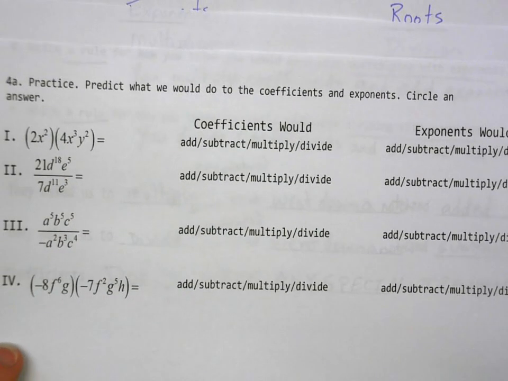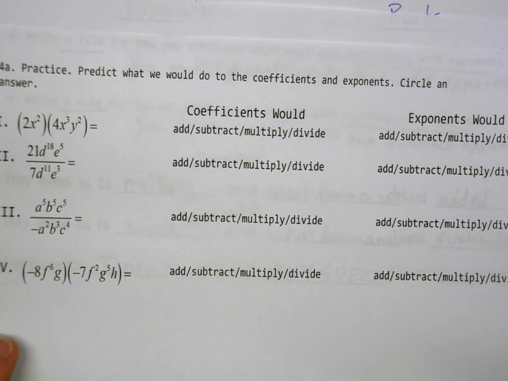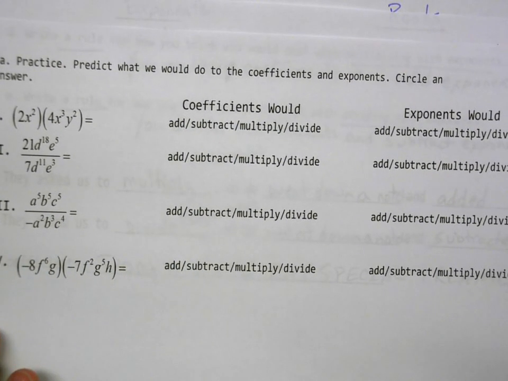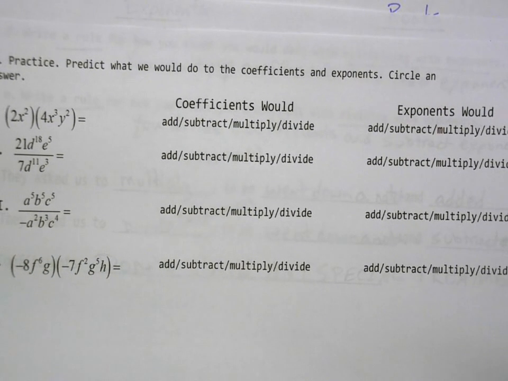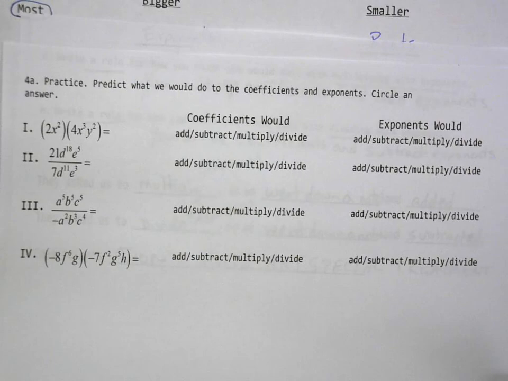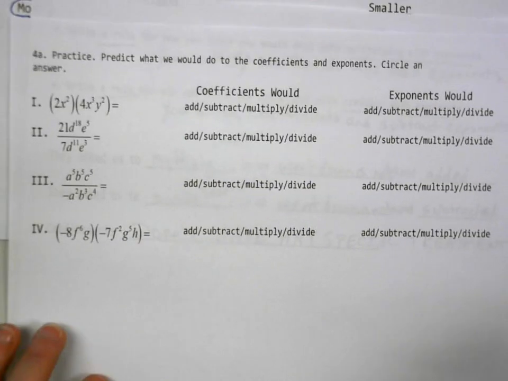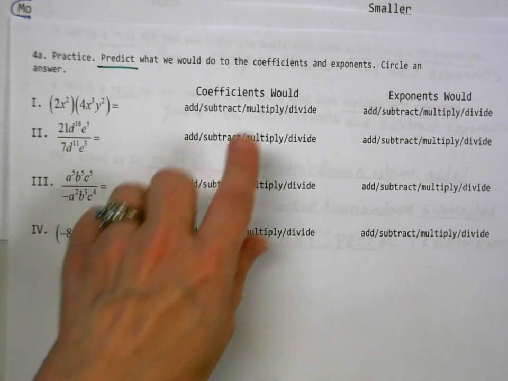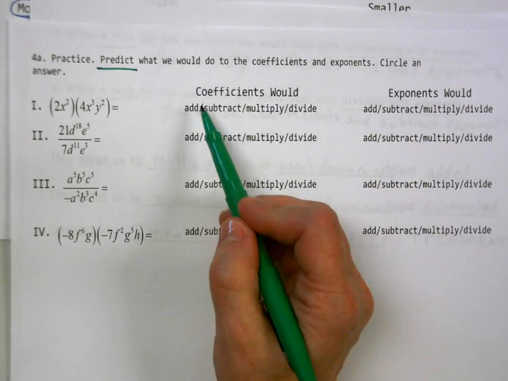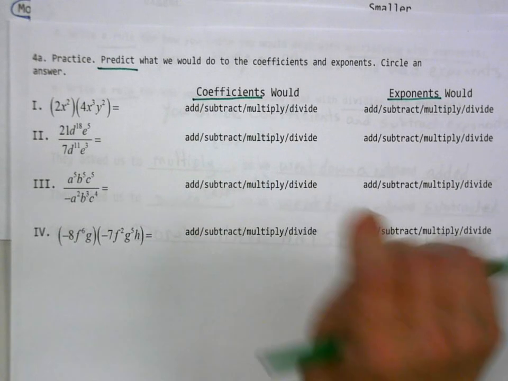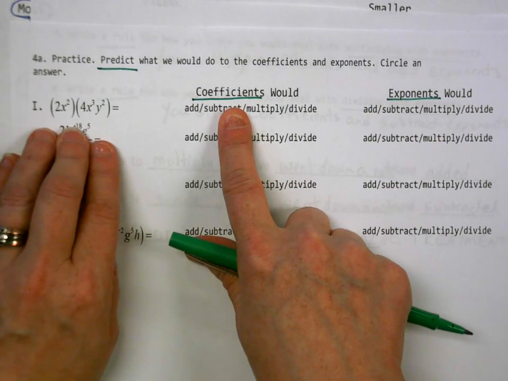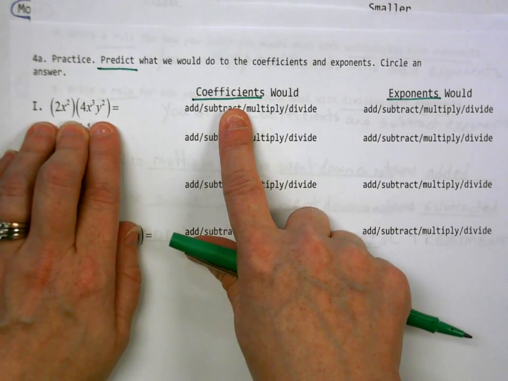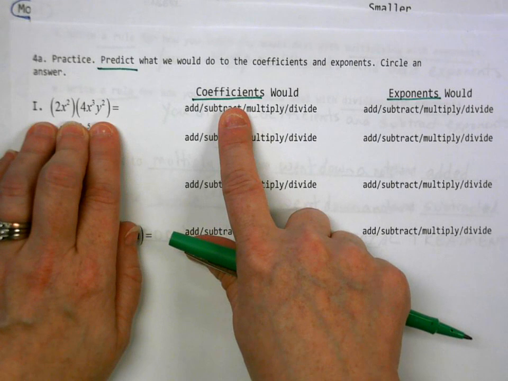So now, at the top of the next page, we are not actually working these problems out just yet. We are just predicting what we are going to do with the coefficients and the exponents. So for the coefficients, if I'm multiplying, what am I going to do with my coefficients?